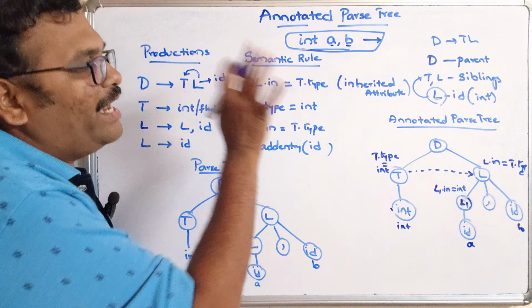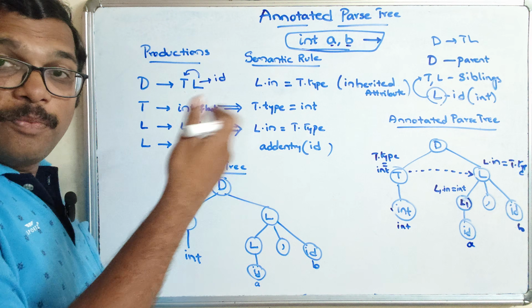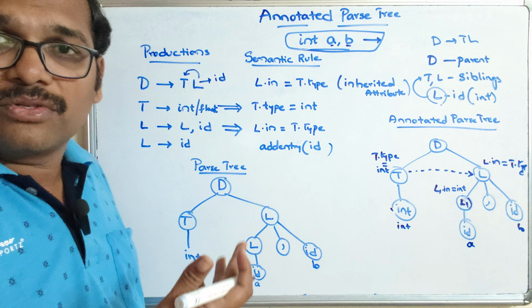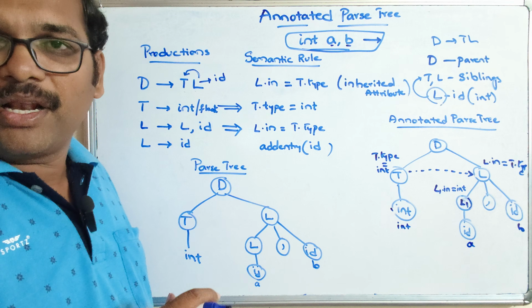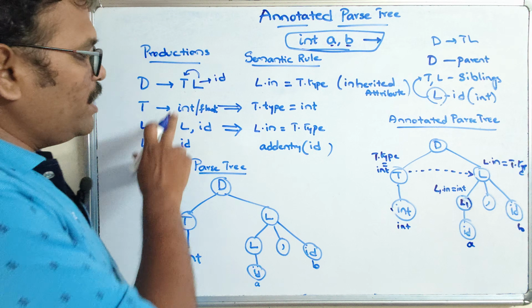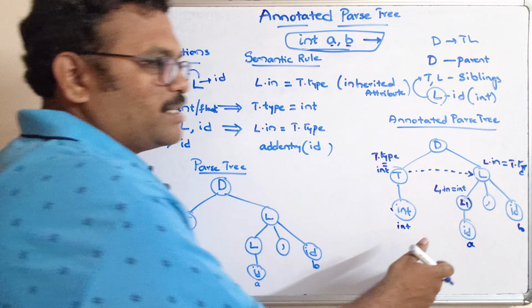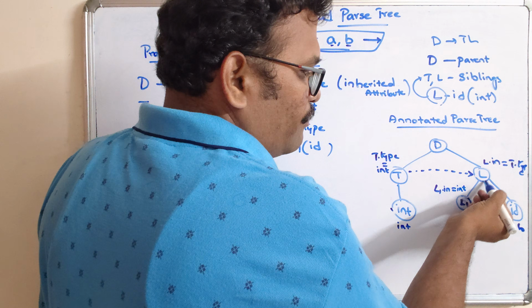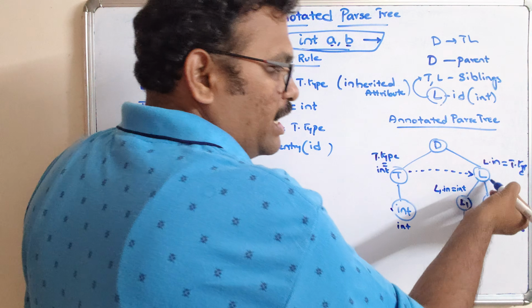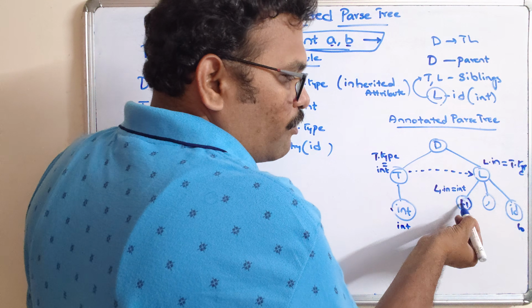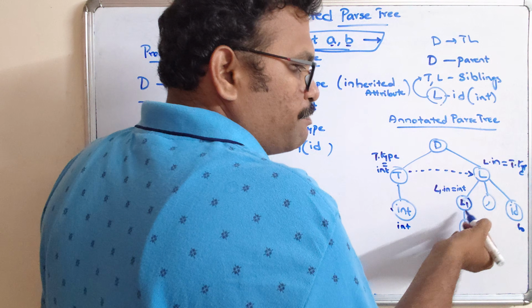So this is an inherited attribute. In the previous example we directly took the values, there was no data type there. But here we have the data type, so it is an inherited attribute. In the annotated parse tree also, l value is getting from its sibling, so this is an inherited attribute, and this l1 value is coming from its parent.